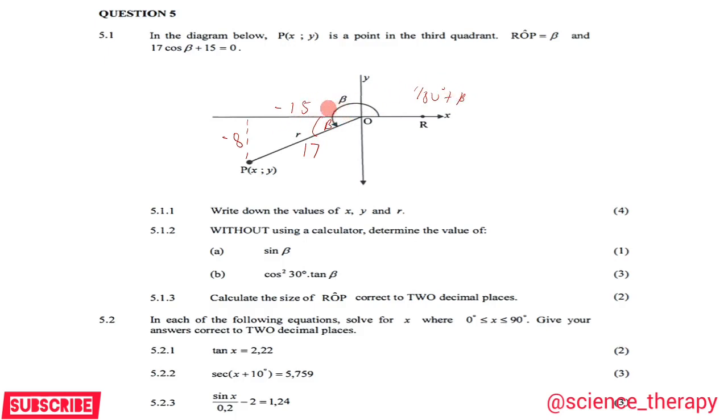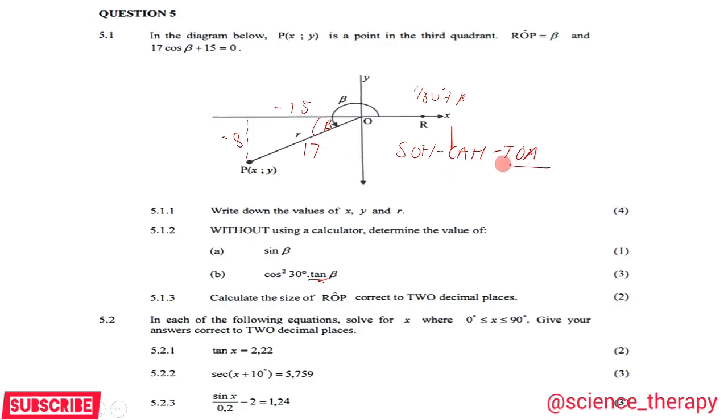Then to calculate this, we can use any trig ratio to calculate the size of beta. Remember, we have SOHCAHTOA, and since we have all the information, we can use any of the trig ratios to calculate the angle. But since we have just recently calculated tan beta, we might just as well use that.